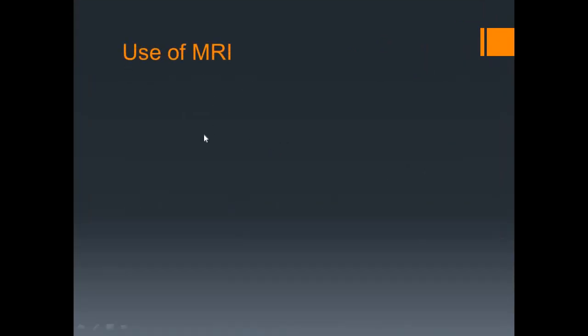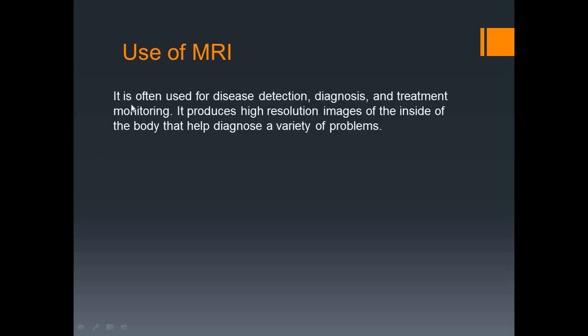Use of MRI. At the start, we learned that MRI is a medical device. So let's see how we can use MRI in medical sectors. It is often used for disease detection, diagnosis, and treatment monitoring. It produces high-resolution images of the inside of the body that help diagnose a variety of problems.